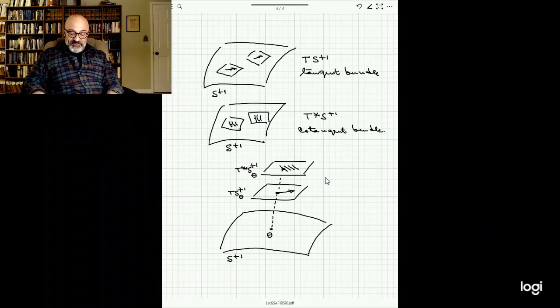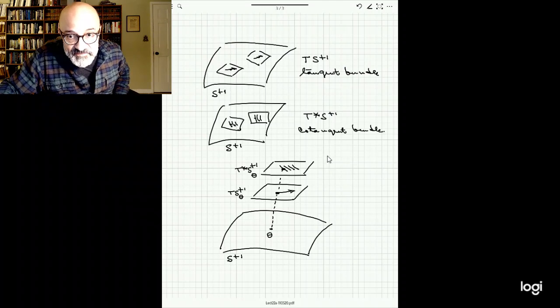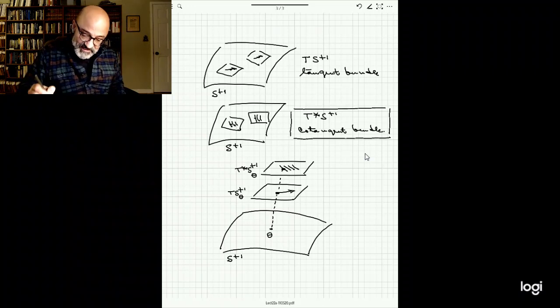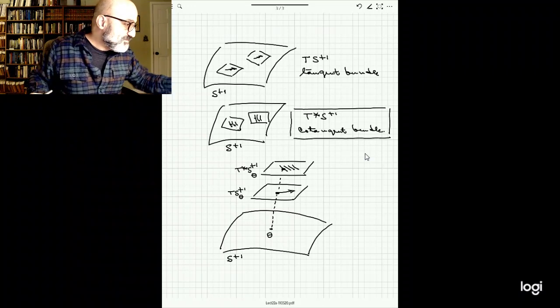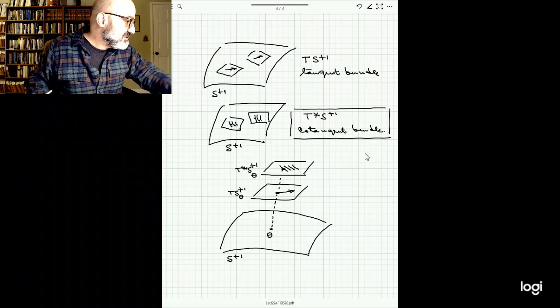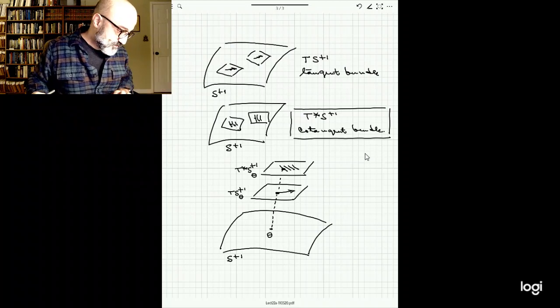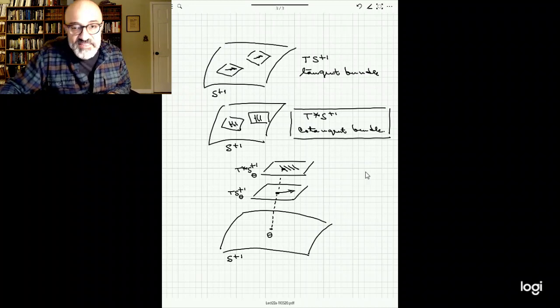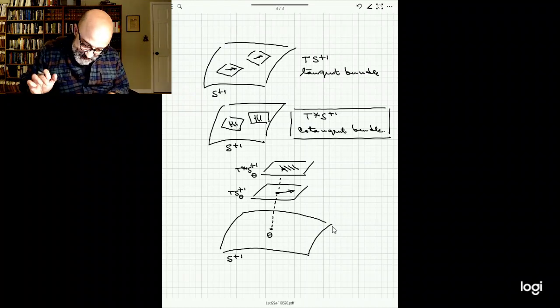Now we are ready to do something interesting. This is going to be our important object. Let me see what we do next. Yes, in this space, let's go back.